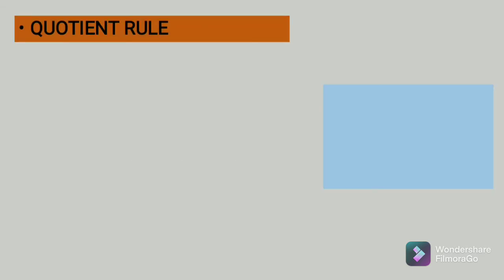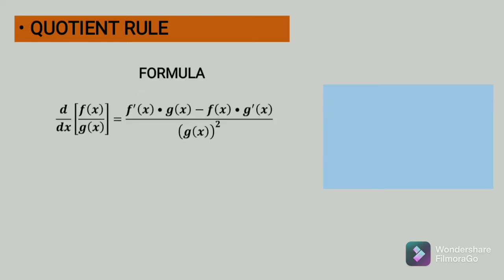Then, the quotient rule. The quotient rule says that the derivative of f of x over g of x is equal to the derivative of the numerator f of x times the denominator g of x minus the numerator f of x times the derivative of the denominator g of x, divided by the denominator squared.